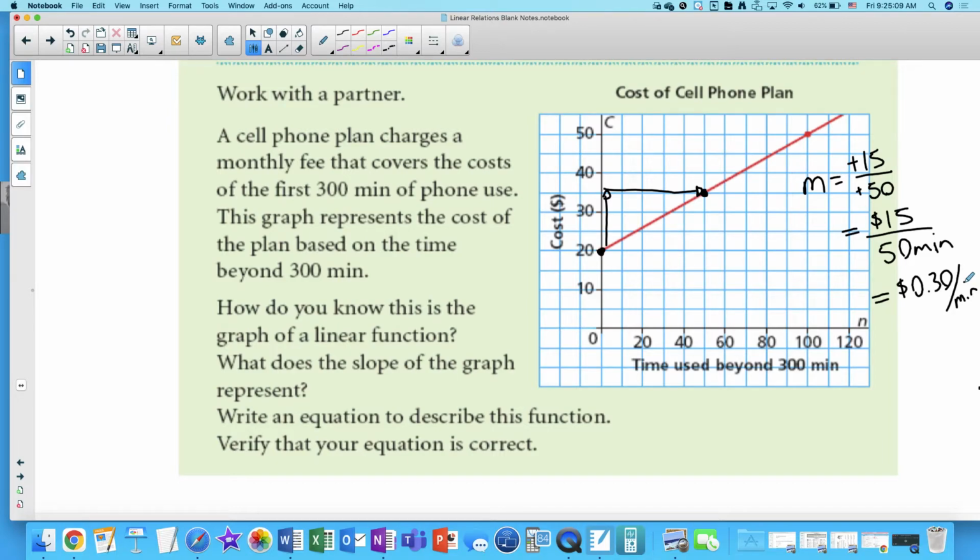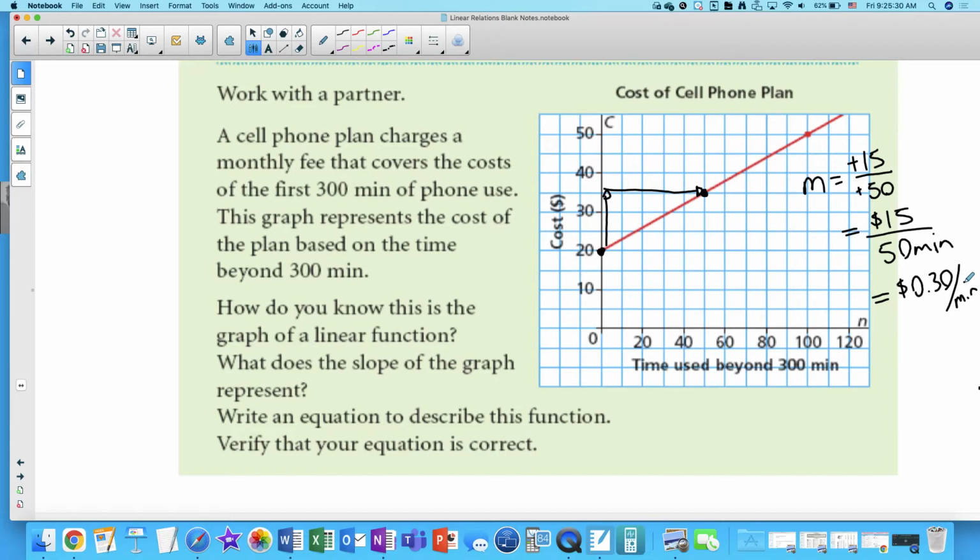And a unit rate is how much of the dependent per one of the independent. How much per 1 minute? That's what we really want to know, right? If we say, well, it costs you $15 for 50 minutes, it's more useful to actually know it's 30 cents a minute, right? So you have to actually think quite carefully about context when you're doing this.